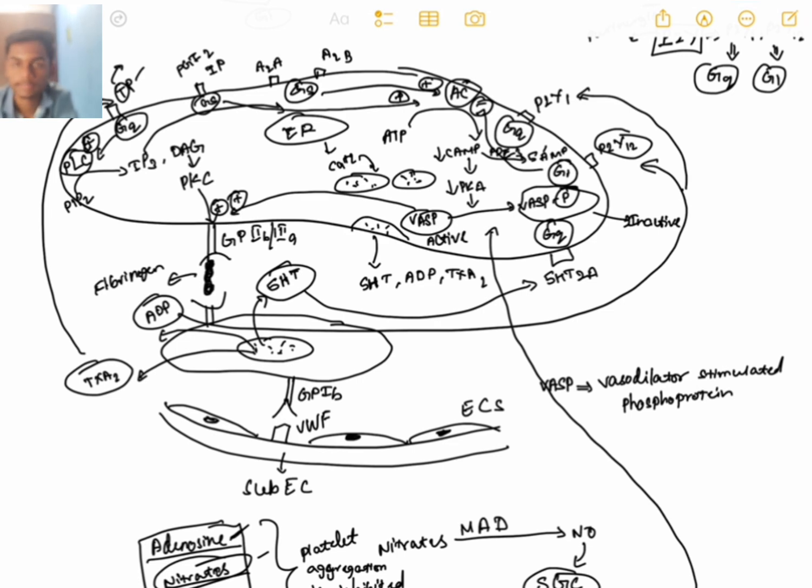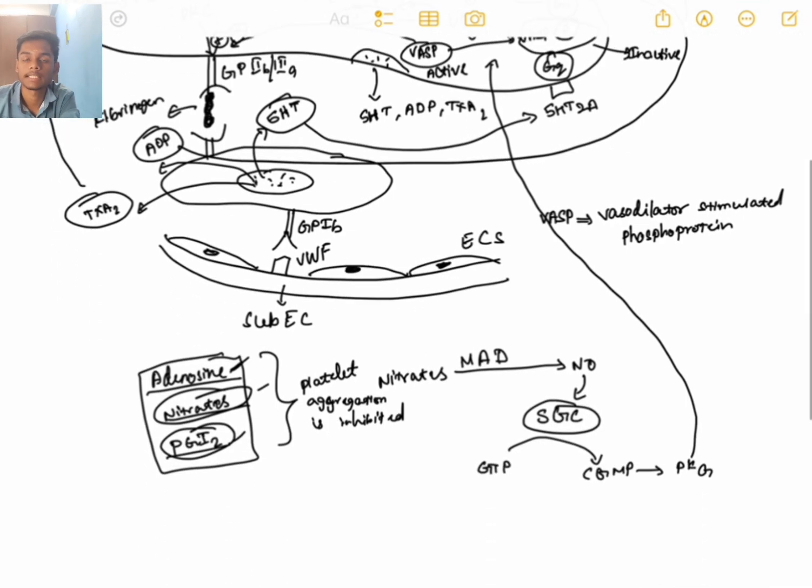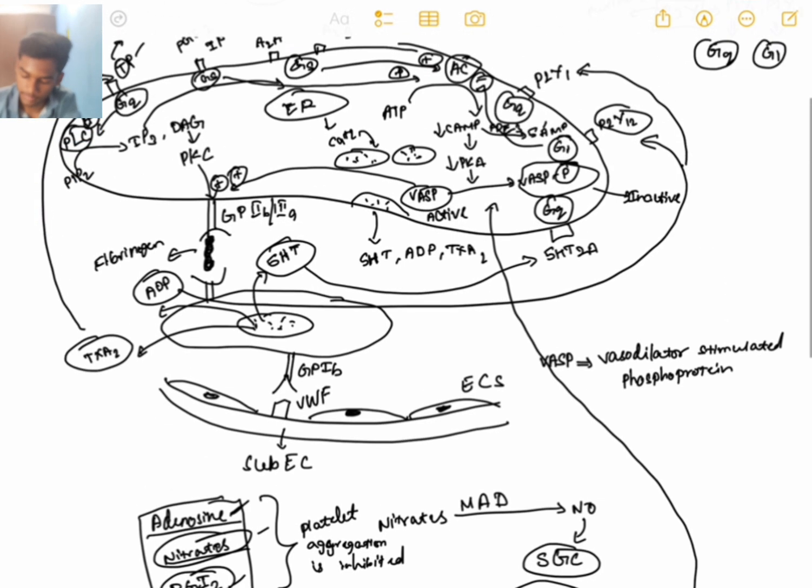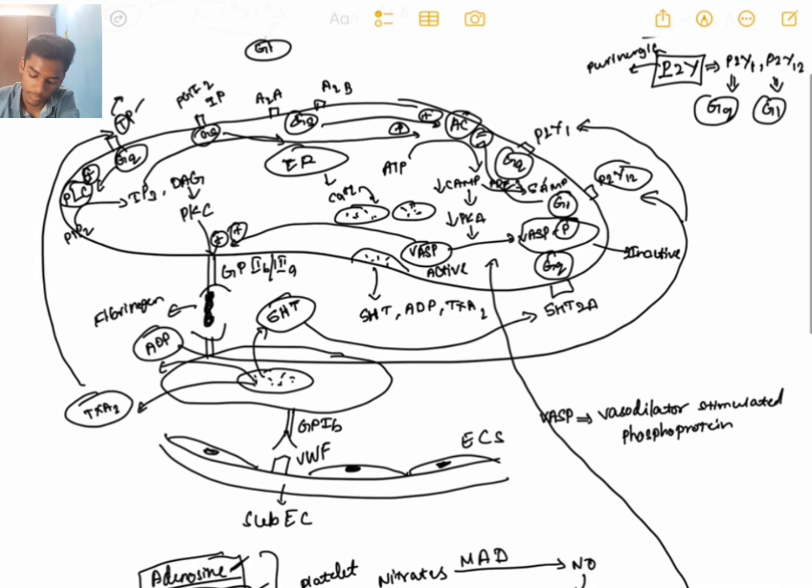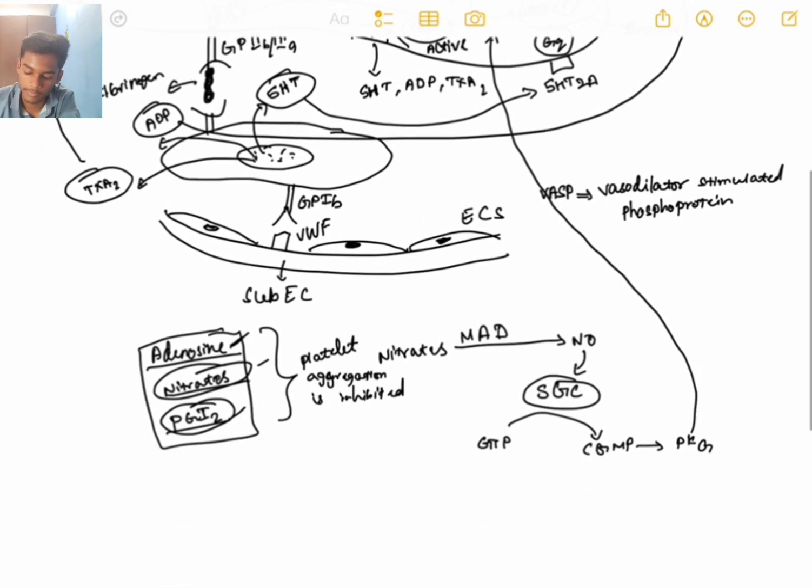And there are drugs which act on P2Y12 receptors. There are drugs which act on GP2B3A receptors also. So this is how platelet aggregation is caused by thromboxane, ADP and 5-HT, and inhibited by adenosine, nitrates and prostacyclin.